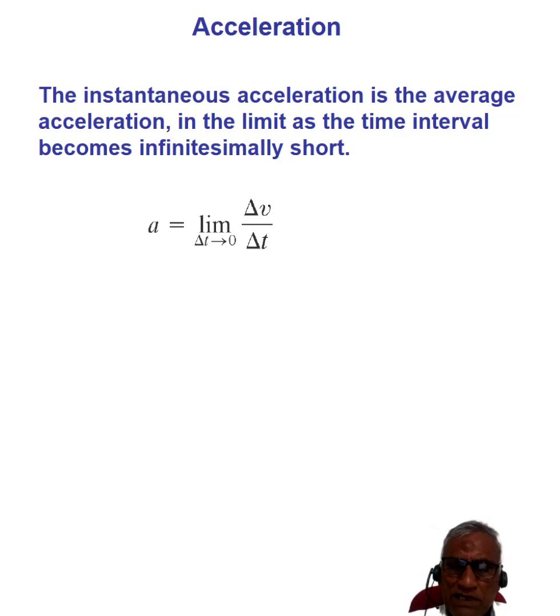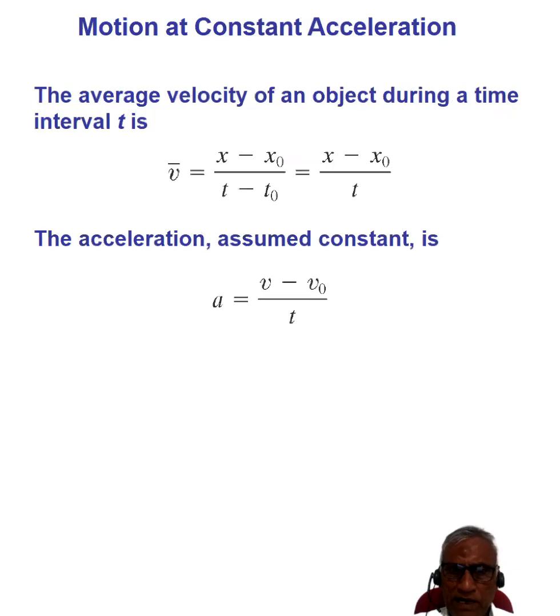So this could be the same even for acceleration. It could be that the acceleration is constant, or it could be varying every instant. Instantaneous acceleration is defined as the change in velocity by time, when you take the time interval very, very small around that particular time. But we generally look at cases where acceleration is constant.